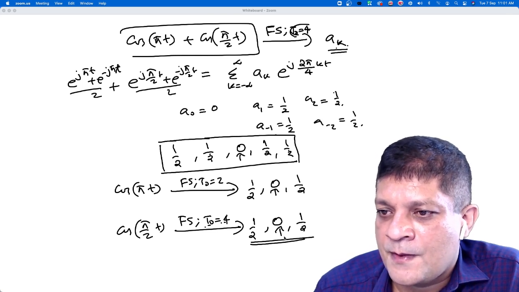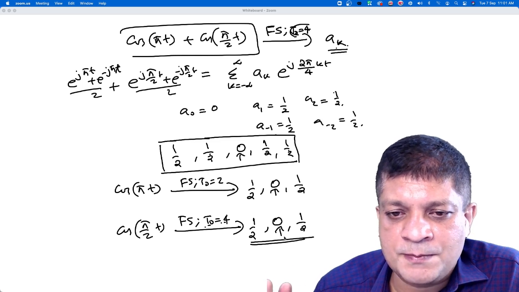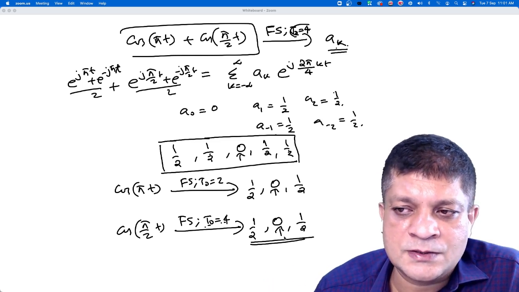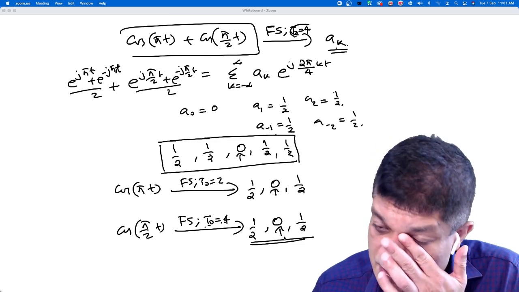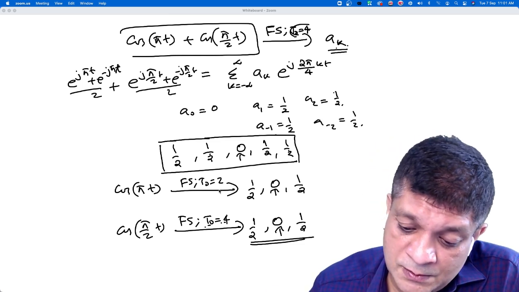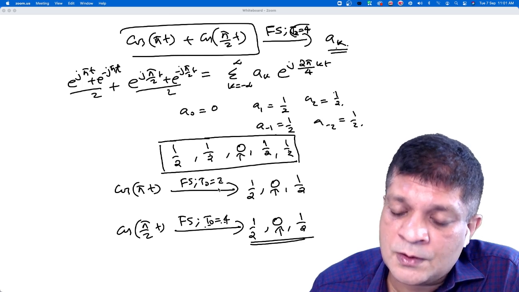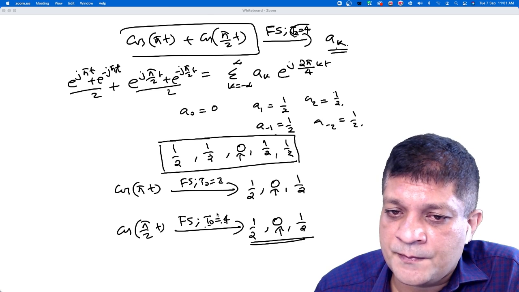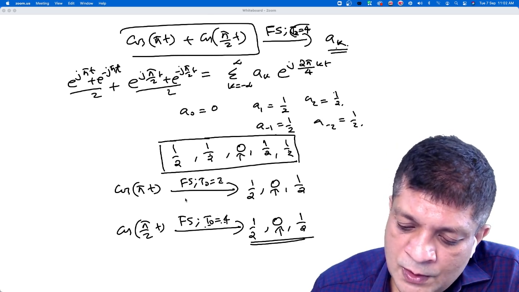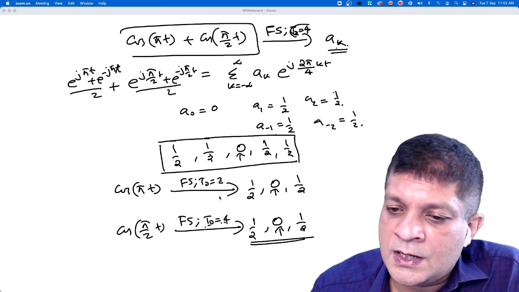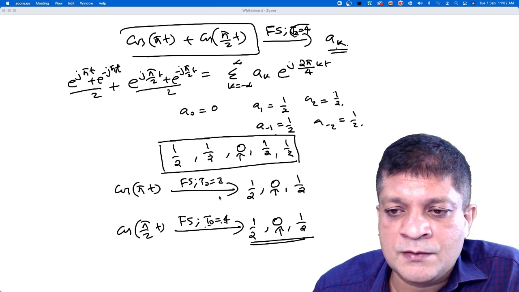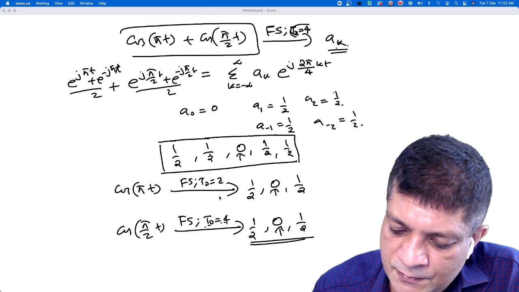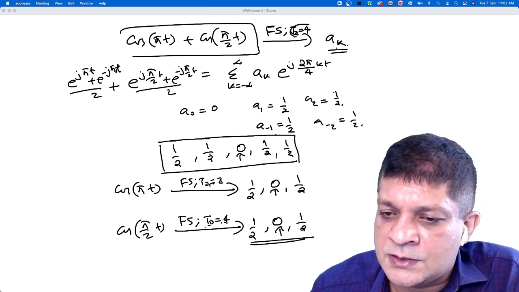Okay, that we have discussed in the previous class, when I mentioned that the Fourier series representation is unique if we mention the period with which we are taking it. Now, if we want to apply the linearity property here, we need to have the Fourier series representation with respect to the same period. Here, one period is 4, the other period is 2.